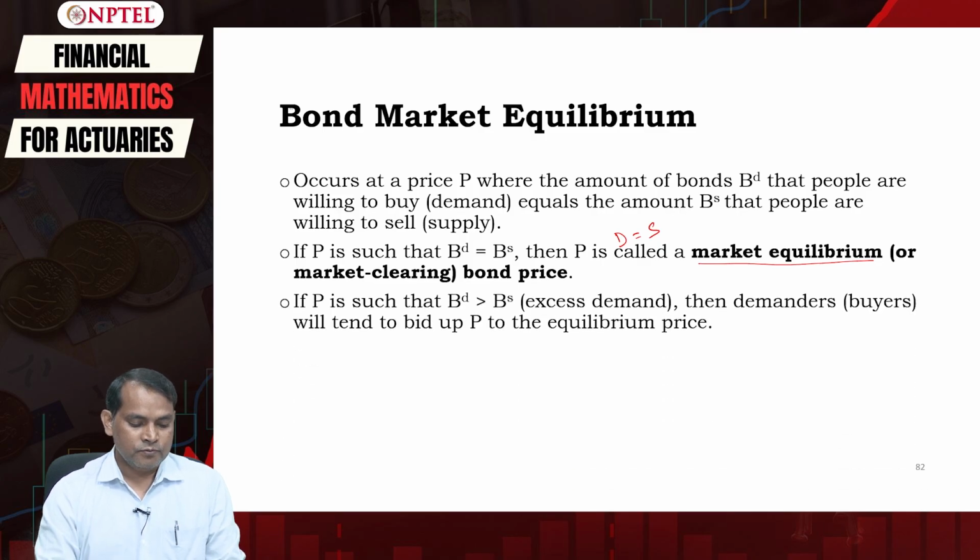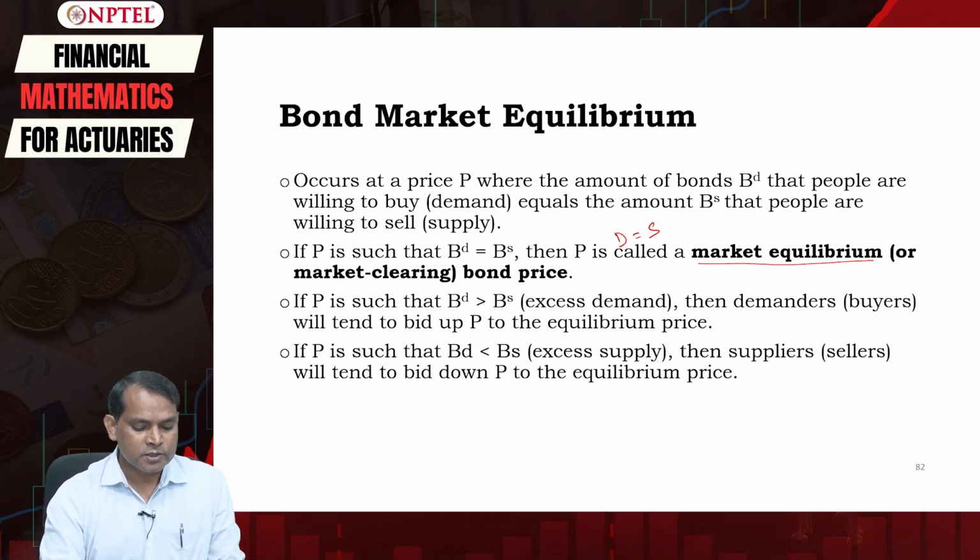So if P is such that the demand for bond is greater than the supply of bond, in which case we will have excess demand, then the demanders or the buyers will tend to bid up the price to the equilibrium price.